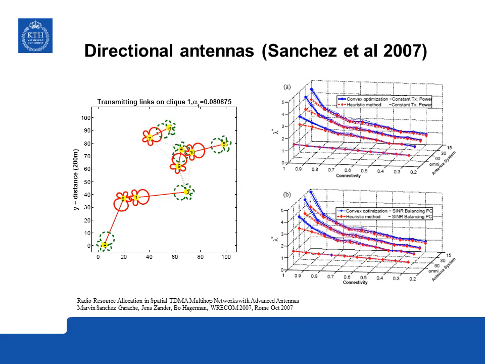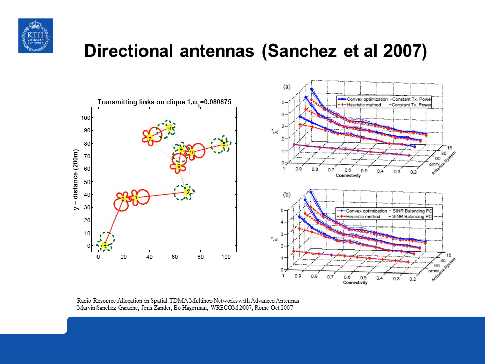This figure finally shows the use of directional antennas. If we have a link-based schedule, we can use adaptive antennas to protect our transmissions even better. Here we have a number of nodes 1 to 8, and superimposed on the links we can see the antenna patterns of the antennas.